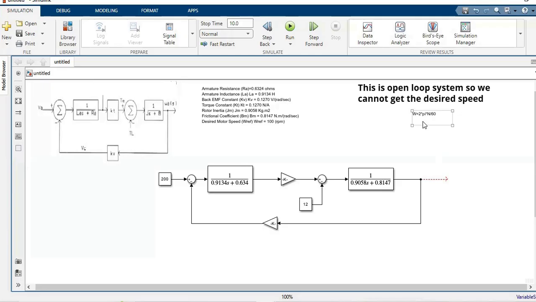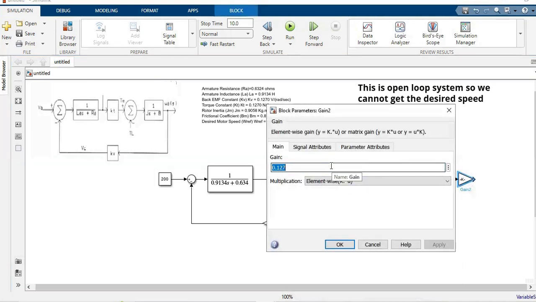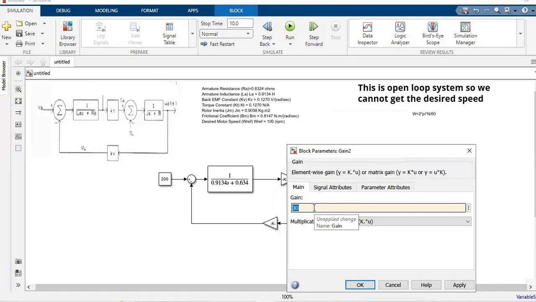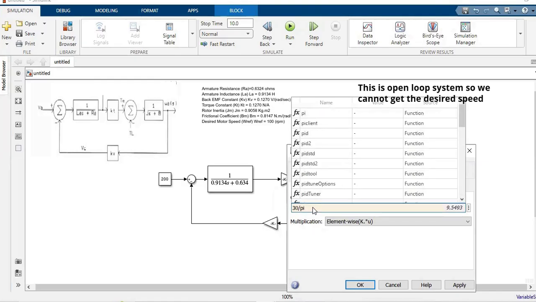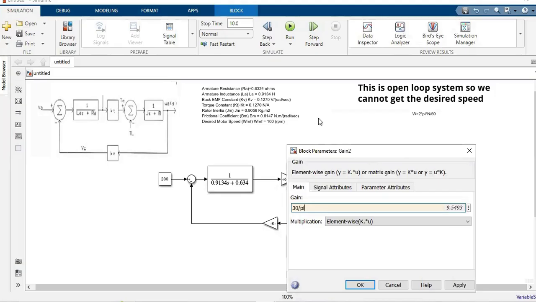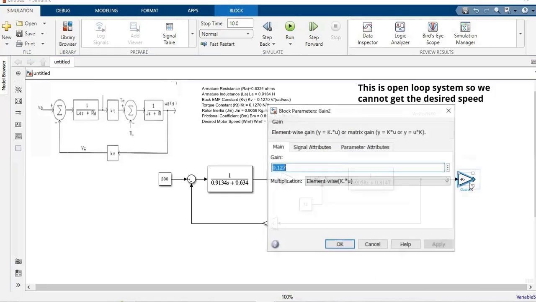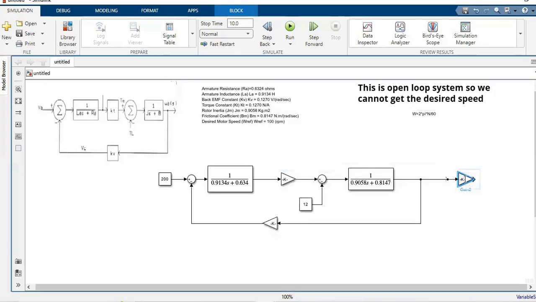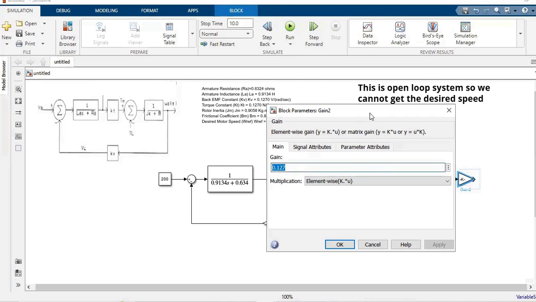So we can have the gain as 60 divided by 2, which is 30, by pi. That will give the speed in RPM. So this is 30 by pi.